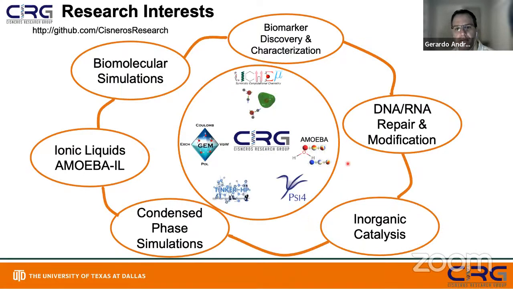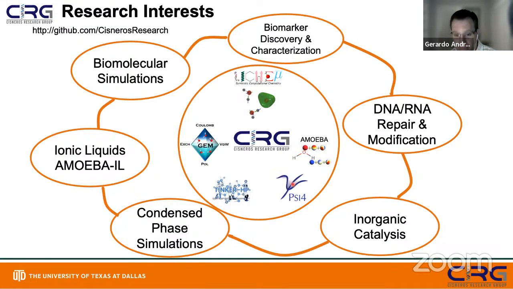We are a computational group, so we develop a lot of software. Most of it is on GitHub. Some of it we actually contribute to, like TinkerHP, which is a molecular modeling software for classical molecular dynamics with polarizable force fields, and Psi4, which is a quantum mechanics molecular modeling code.